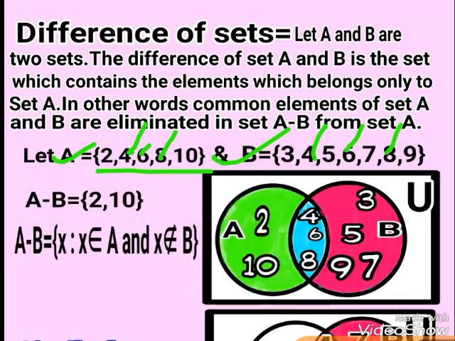So only two elements, 2 and 10, are left here. So A minus B equals, in braces, 2, 10. This is the difference of sets A and B.